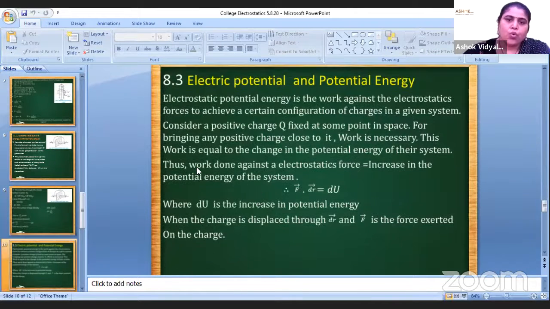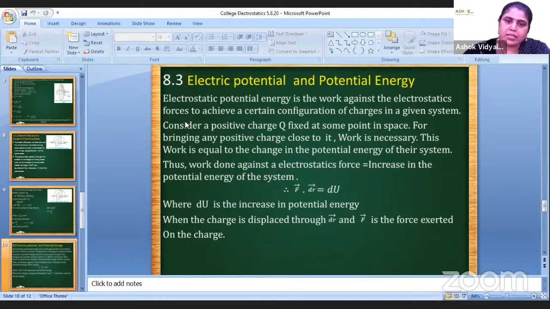Now next, what is the difference between electric potential and potential energy? Electrostatic potential energy is nothing but the work done against the electrostatic forces to achieve a certain configuration of charges in a given system. That means we are going to change the initial position of that charge.